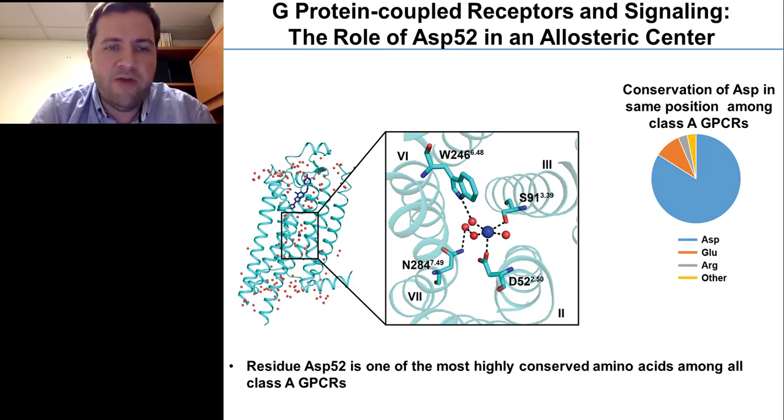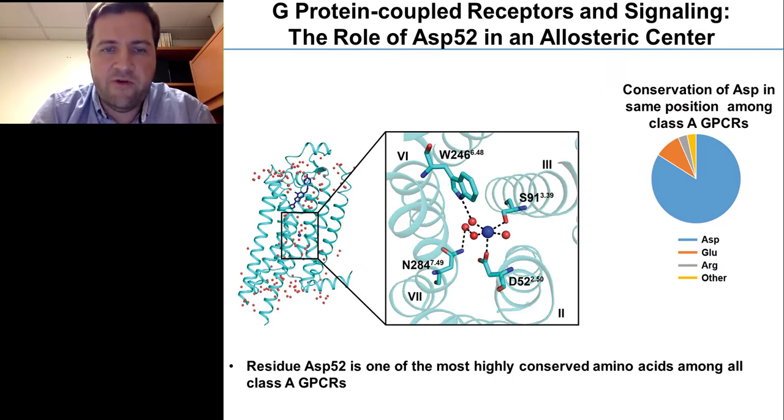Now, if we expand the central region in the structure in the center of this slide, you'll see there are several residues that form coordinative bonds with these waters, as well as with the blue sphere at the center, which is a sodium ion.